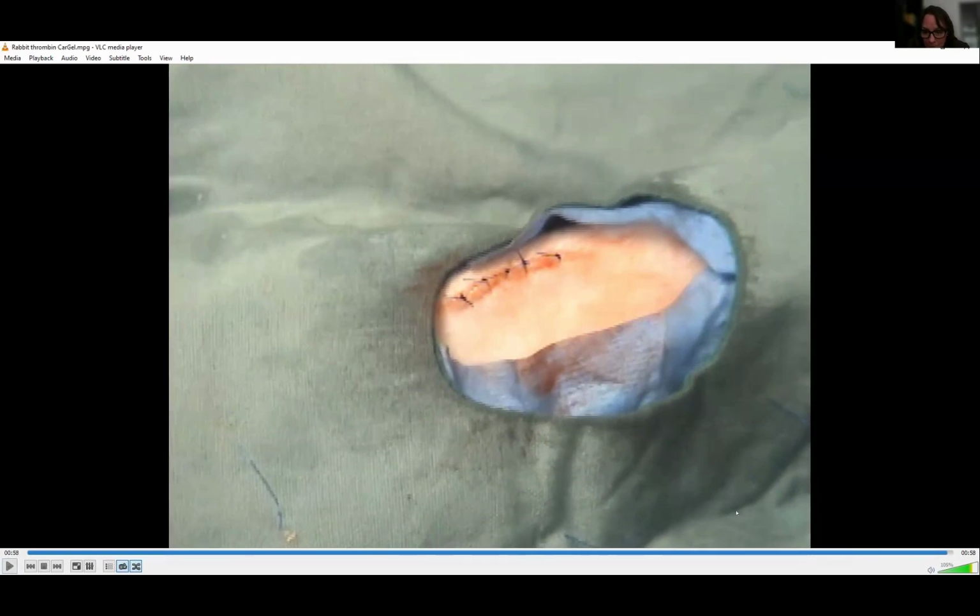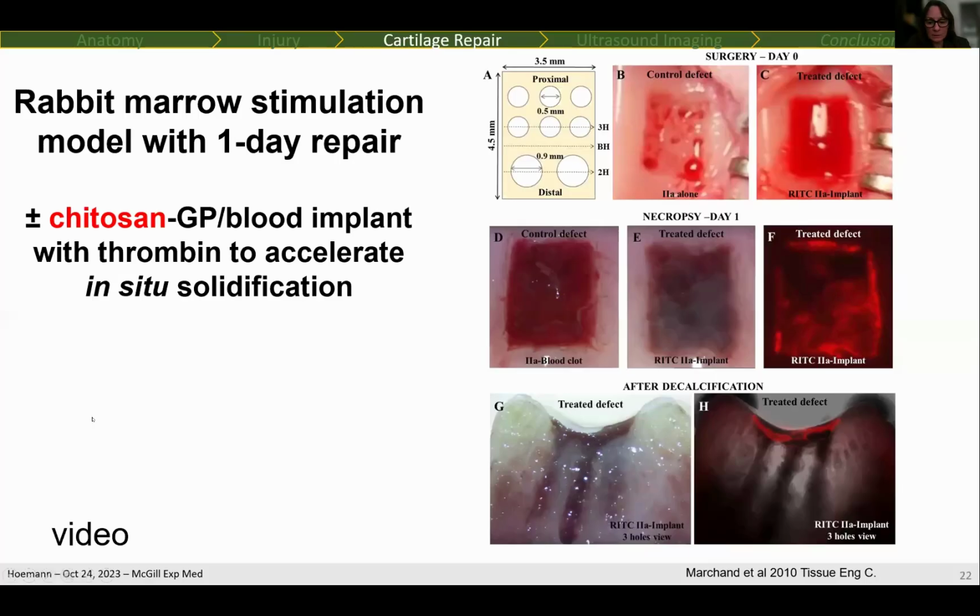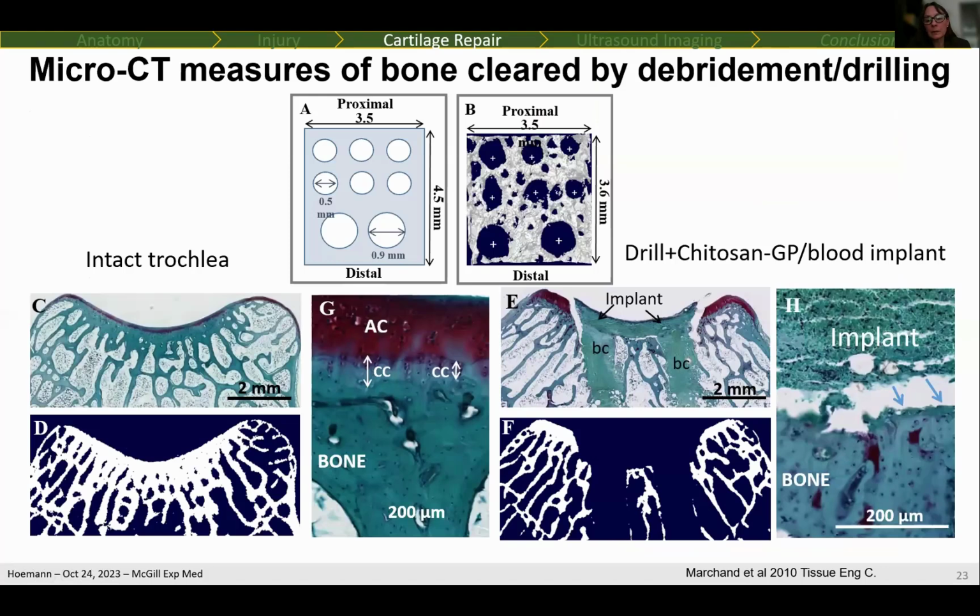So let me see, I'll go back to my. So that was the implant that generated these images. And then Catherine went on to look at the effect of the surgical procedure on removal and replacement and regeneration of the subchondral bone.